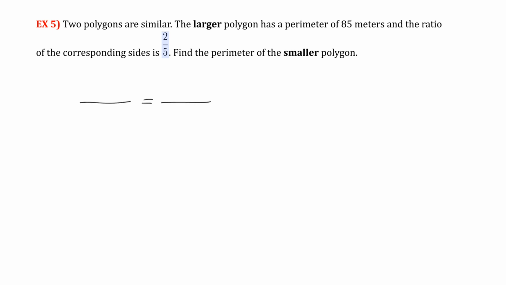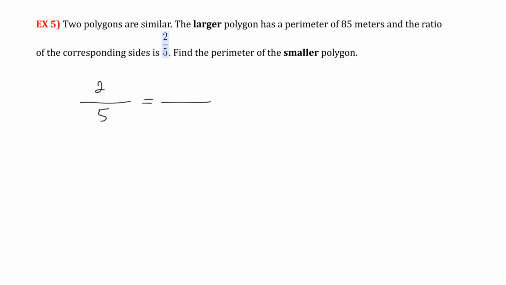Now, with these two proportions, one fraction is definitely going to have to be 2/5, the ratio that was provided to us. Now, the perimeter that was provided is the perimeter of the larger polygon. So then the question becomes, do we write it in the numerator or in the denominator? Keep in mind that this ratio is from one polygon to the other.